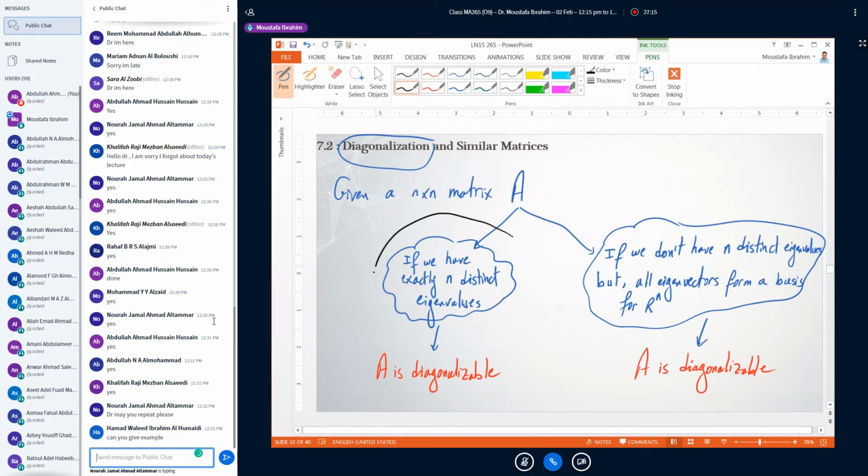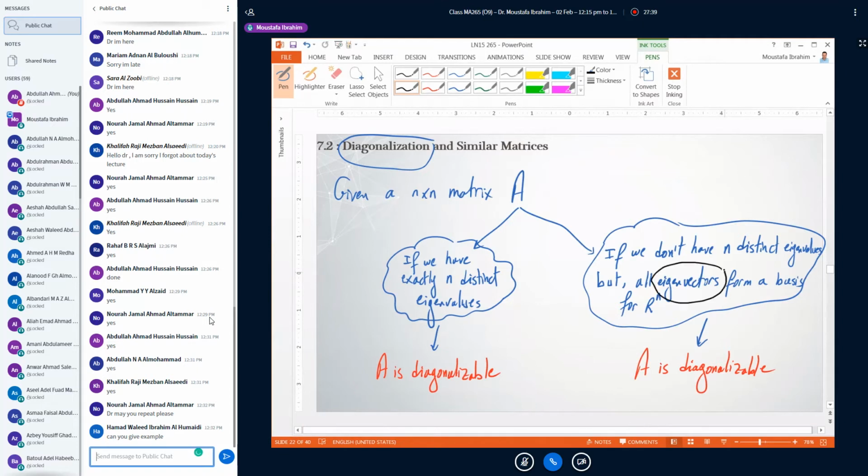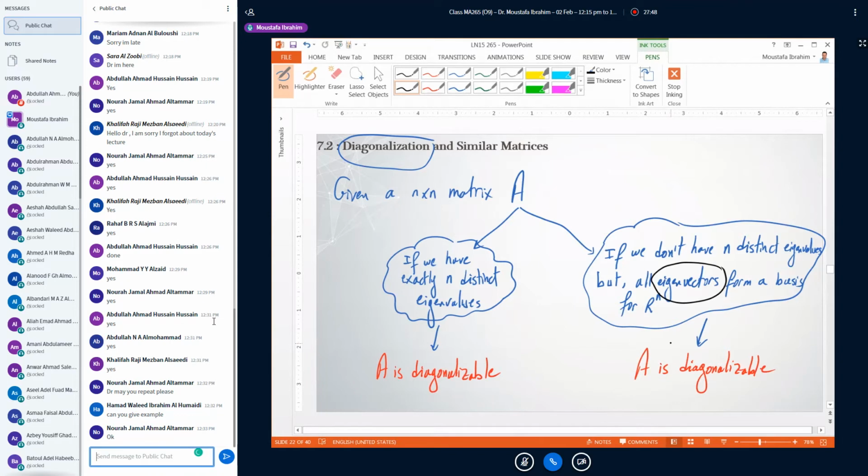So if all eigenvalues are different from each other, directly A is diagonalizable. But if we don't have this case, then we don't say A is not diagonalizable. If the eigenvalues don't give you a result, meaning we don't have n distinct eigenvalues, then you have to move to eigenvectors. If the eigenvectors form a basis, then it's diagonalizable. If they don't form a basis, then it's not diagonalizable. That's it.